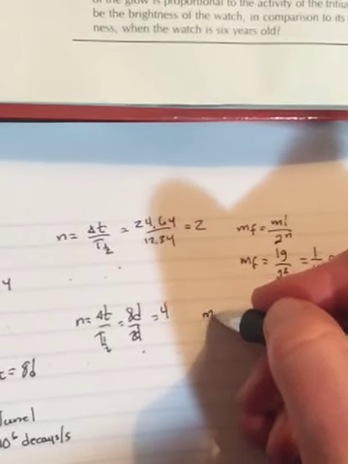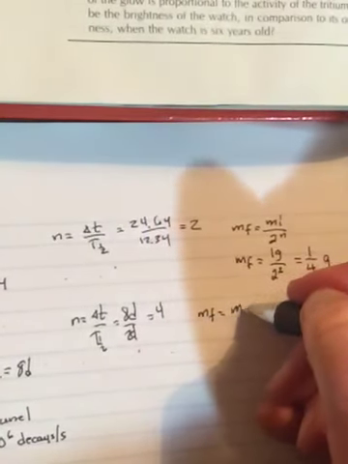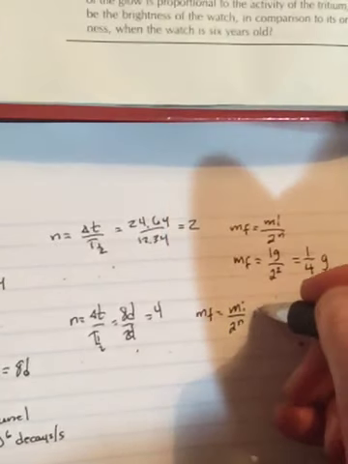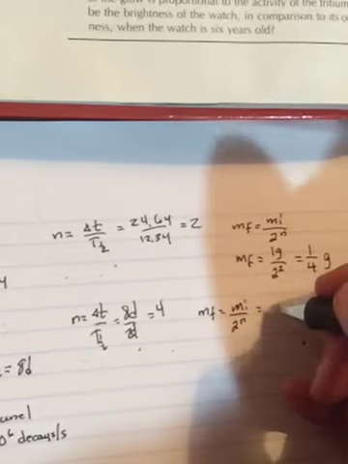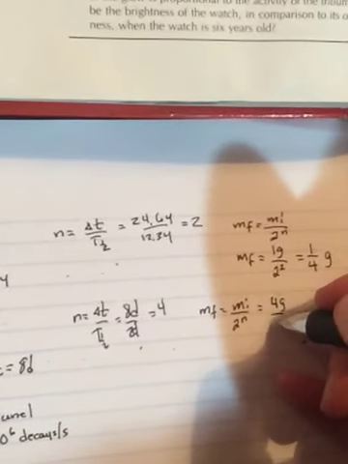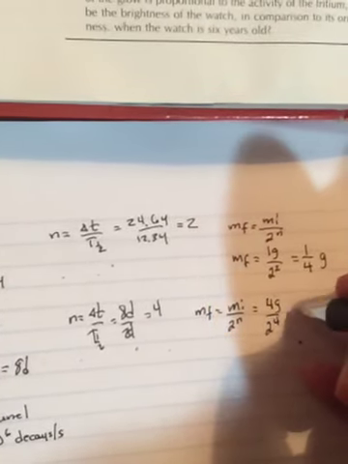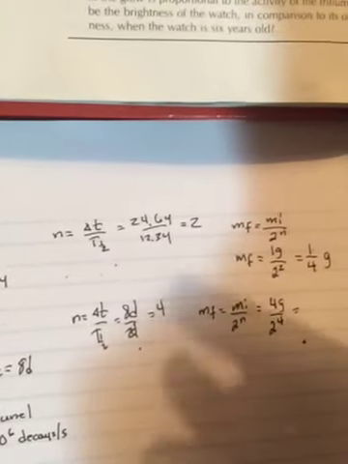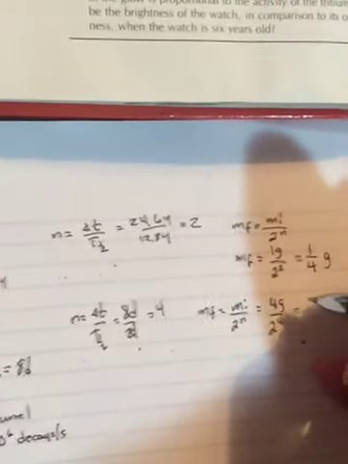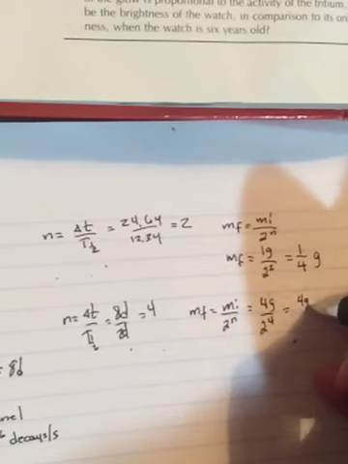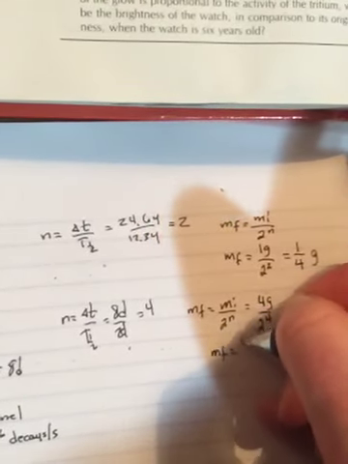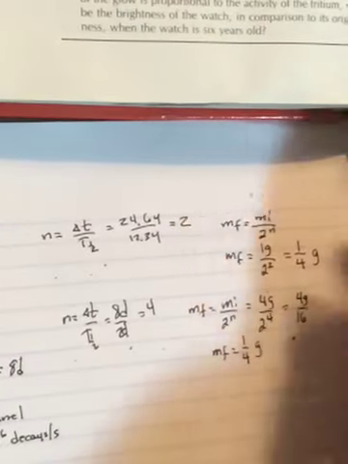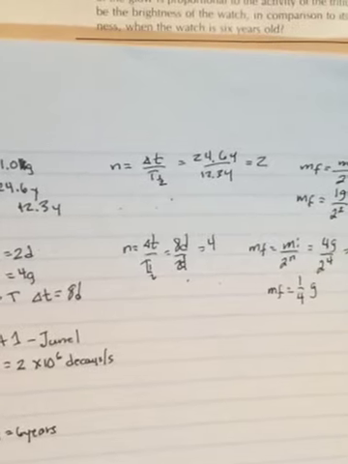So we're doing MF is equal to MI over 2 to the N. And this time it tells us 4 grams over 2 to the 4. 2 to the 4 is 2, 4, 8, 16. So 4 grams over 16. In other words, MF is equal to 1/4 again. Totally a coincidence.